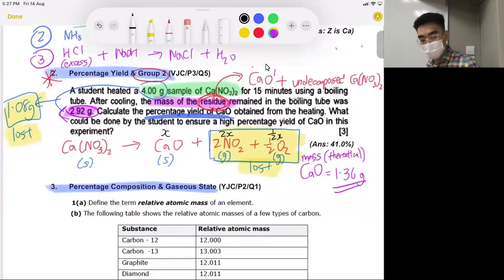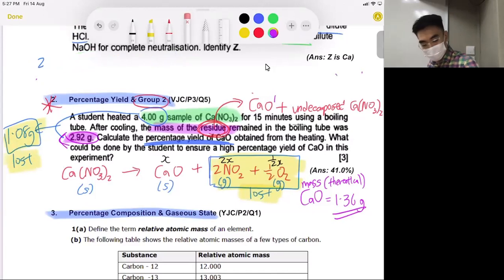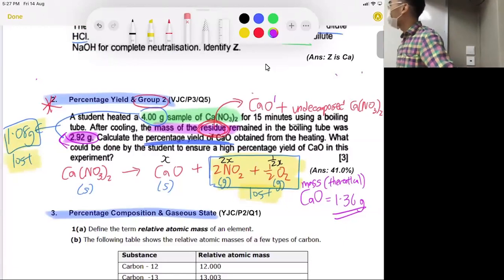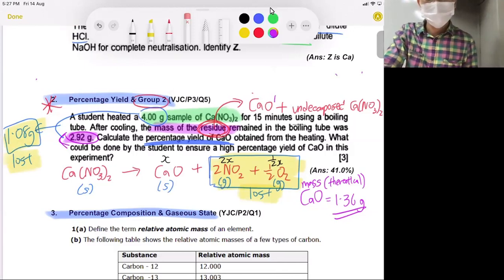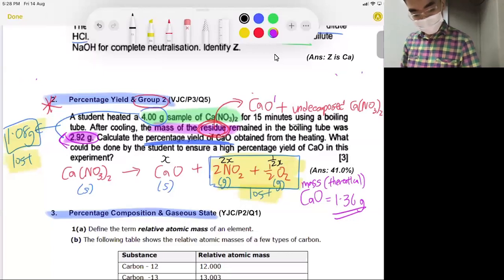Okay, before I show you the working, I'll write down a little bit here so that you can see it.